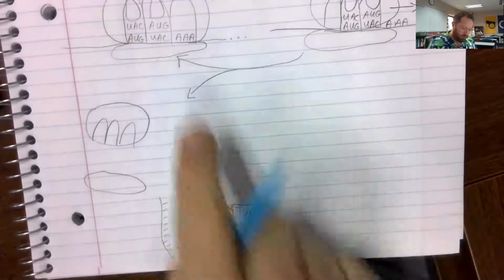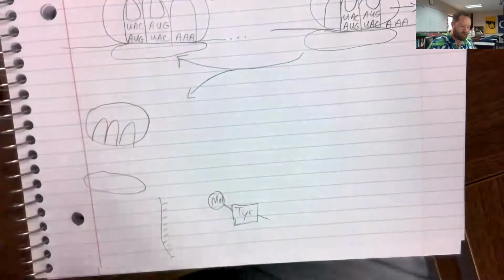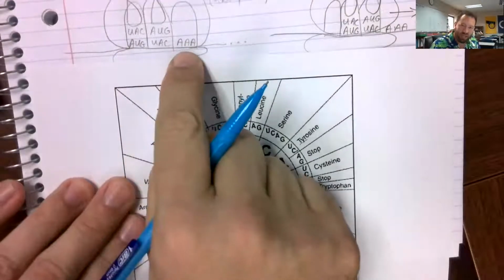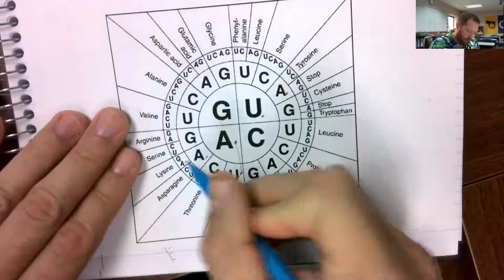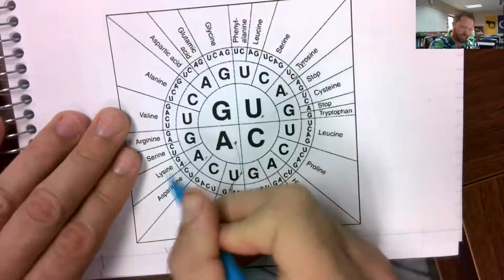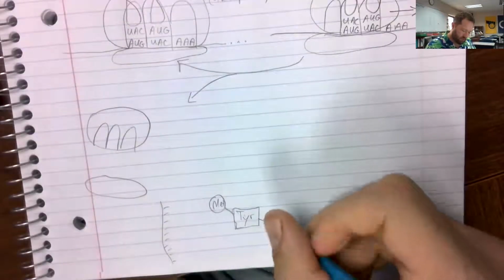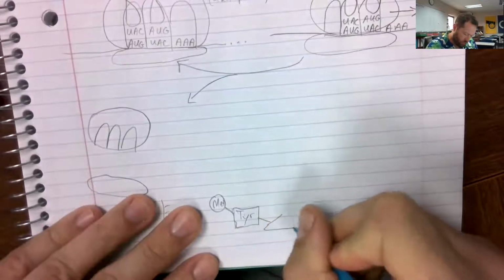And then let's see, one more practice reading the codon wheel. What would codon AAA give us? Lysine, so LYS. I'll go ahead and make this one a triangle.